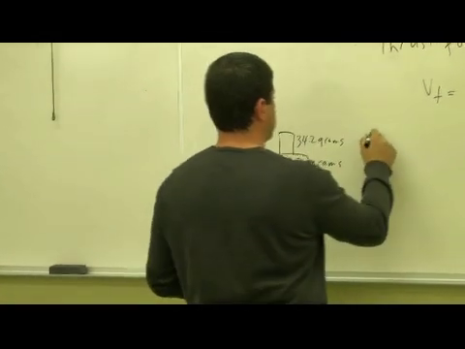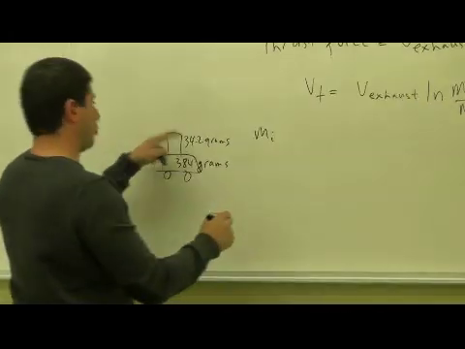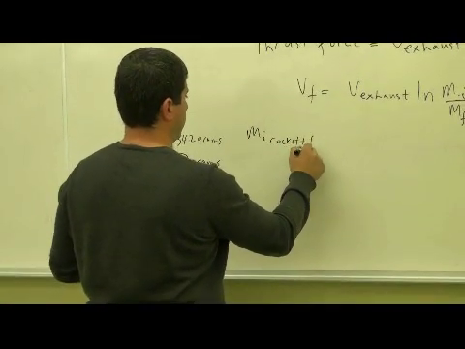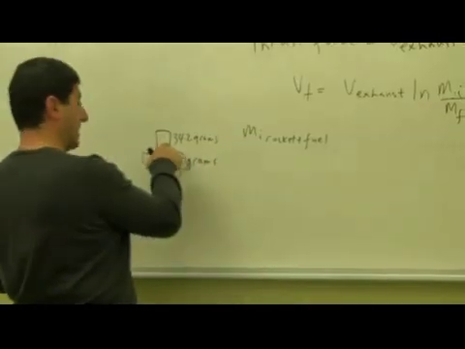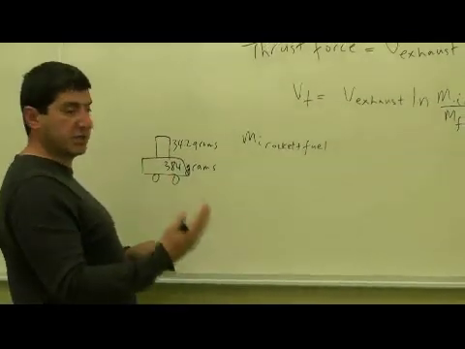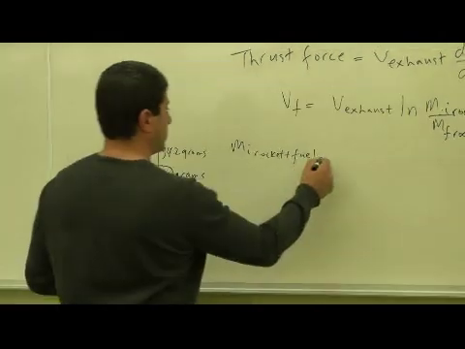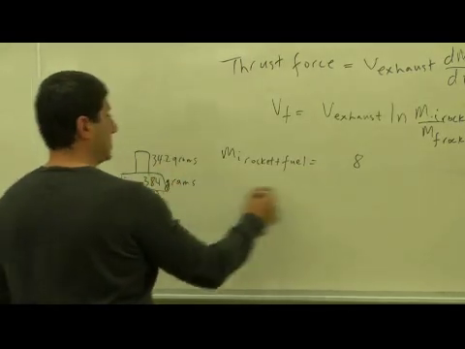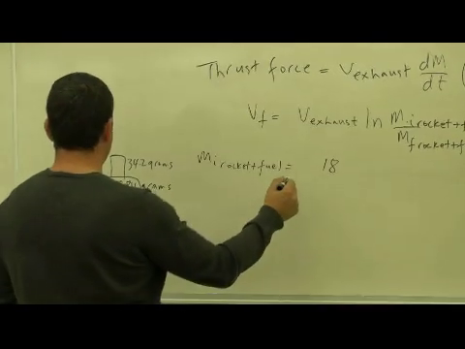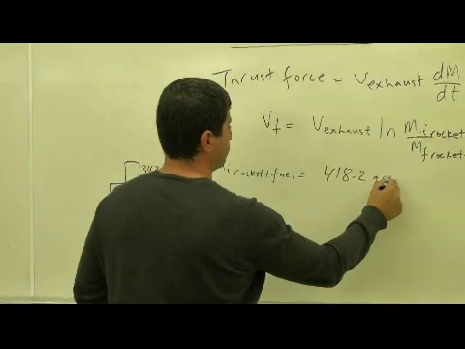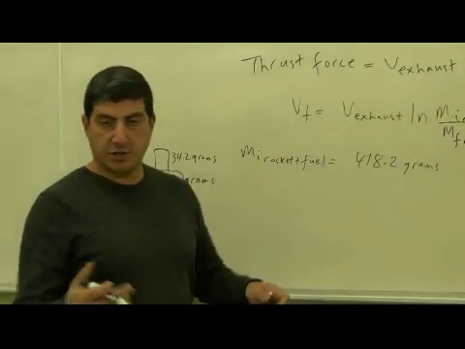So collectively, if we call this our rocket plus fuel, that includes the canister's own mass plus the fuel, the gas, in the canister. The sum of the two would be 418.2 grams.